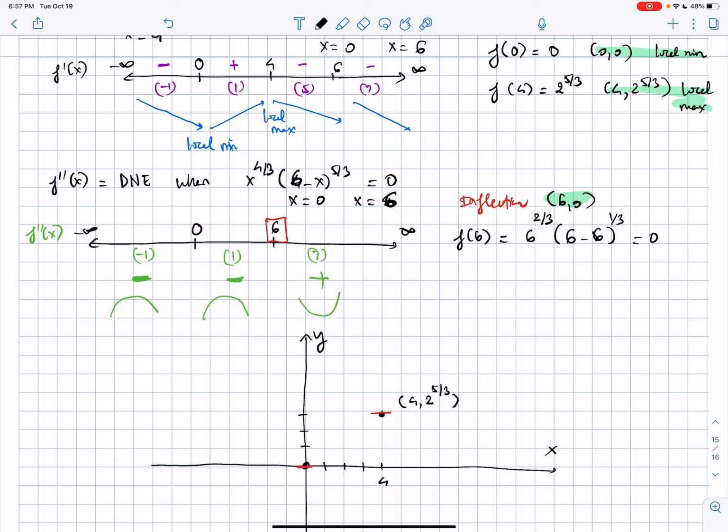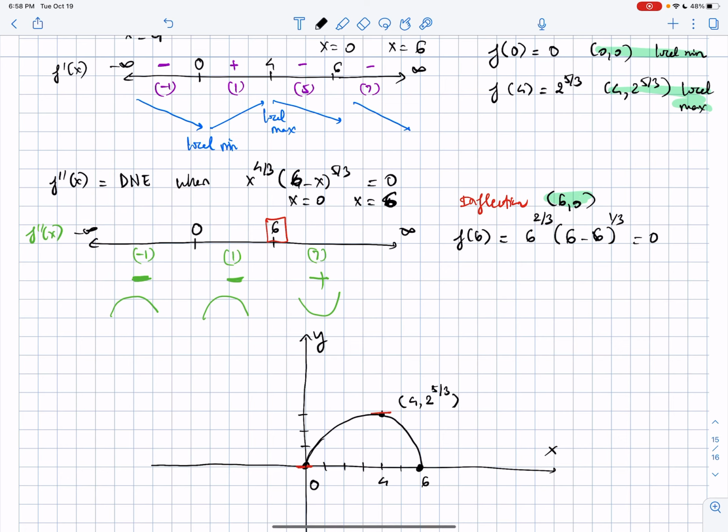Now we do the concavity. On the right side of 0, between 0 and 6, it is concave down, so it's going to be like this. And (6, 0) is the inflection point, so this is a point on the graph also. So we're going to have it like this and then like this.